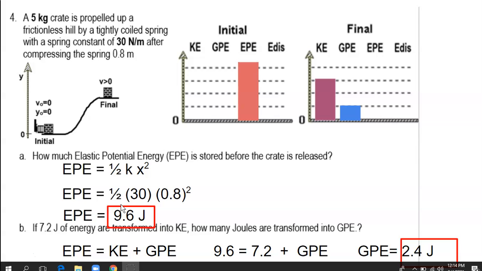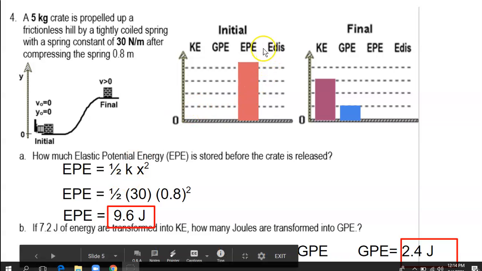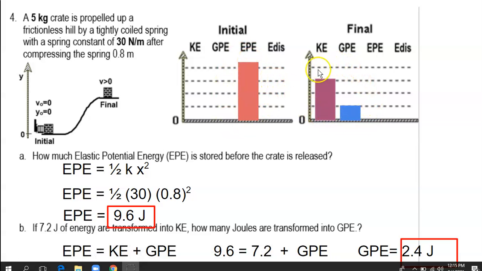Part B, if 7.2 joules of the energy are transformed into kinetic energy, how many joules are transformed into GPE? Let's make sure we understand that question. We have 9.6 joules of elastic potential energy. That means we have to have 9.6 joules over here. And part B tells us that 7.2 of those joules is stored as kinetic, so how much is stored as gravitational?